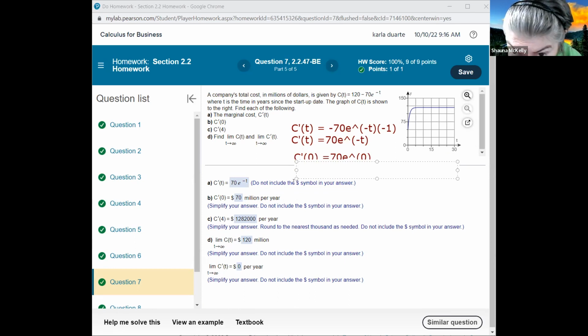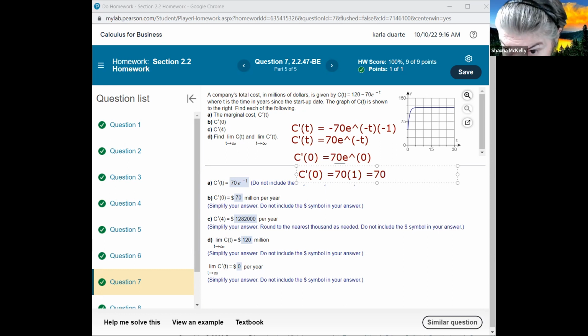This means that I'm going to have, let me drag this down just a bit. This is going to be C prime of 0 is equal to 70. And e to the 0 is 1. So this is 70. Now, this means $70 million per year, because this is the rate of change.